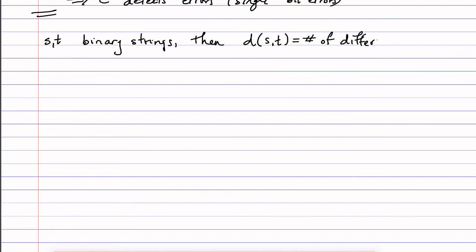What I mean by that is it's the number of bits that you have to change to get from S to T. So in the first example where we had a code where you could change a single bit to get from one word to another, that was a problem. And what I'm using d(S,T) to denote would be 1 in that case. All right. This is called the Hamming distance between code words. So Hamming distance.